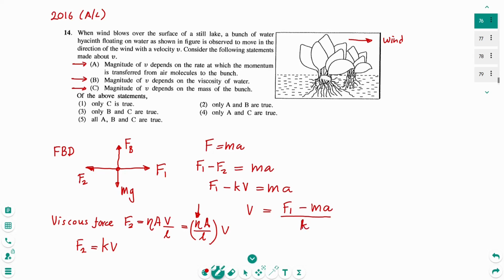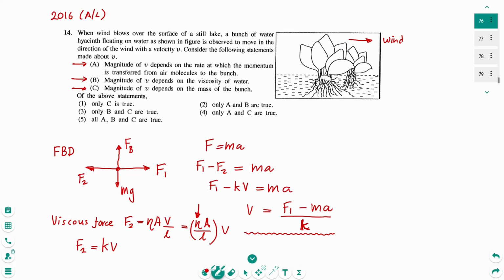Now I have obtained an expression for the velocity of the water hyacinth bunch in terms of the forward force, the mass of the bunch, the acceleration of the bunch, and k, a constant that has the coefficient of viscosity. Now let's look at the statements from A to C.